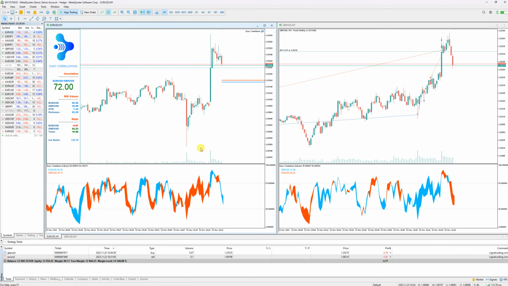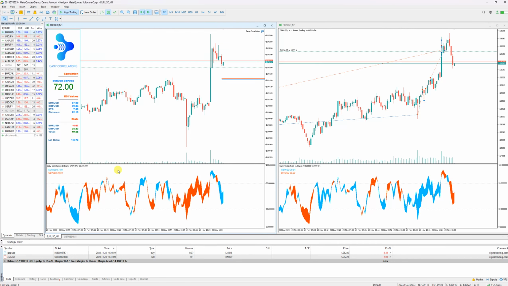So in order to determine when this correlation breaks a little bit, we're using these two RSI values of these two instruments, and if the distance between these two RSI values is high enough, we just enter the market by buying the lowest RSI and selling the highest RSI.